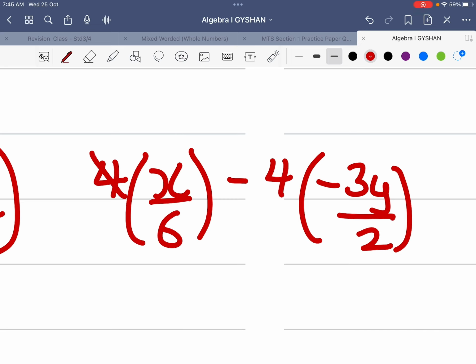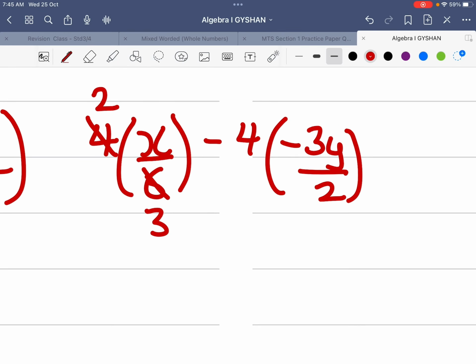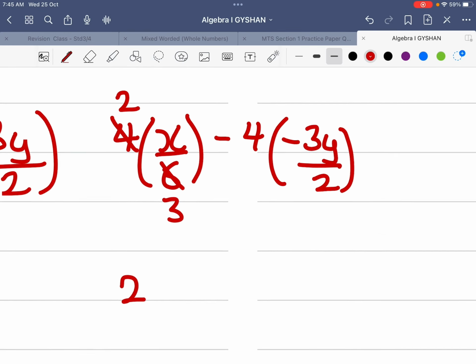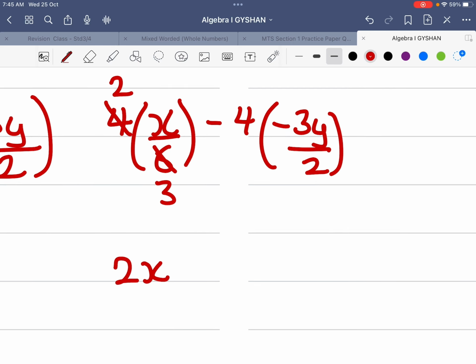Two into 4 is 2. 2 into 6 is 3. So that's 2x over 3.